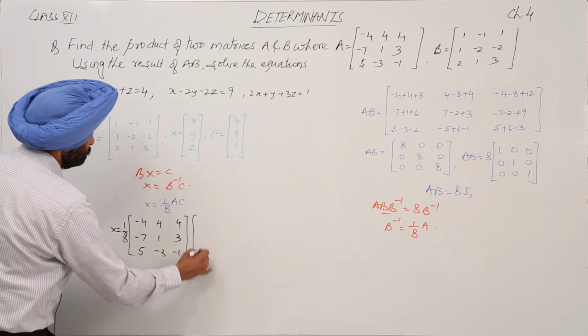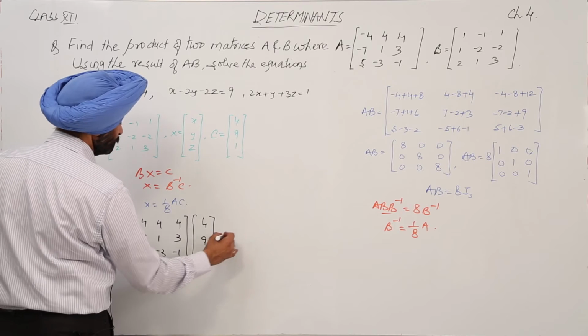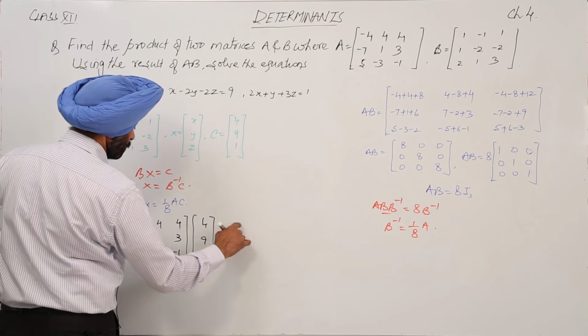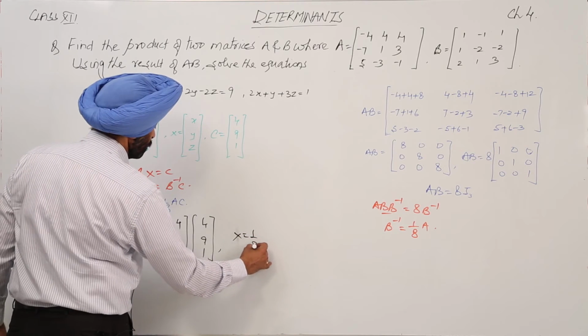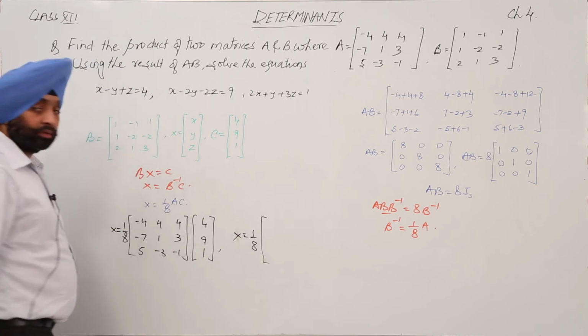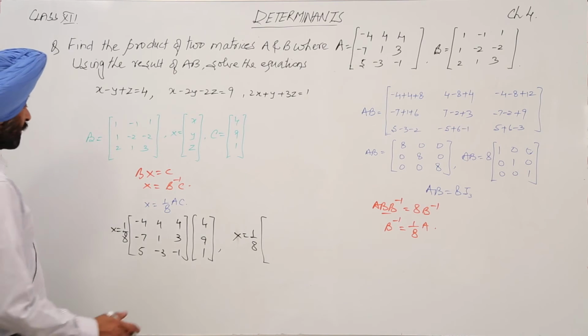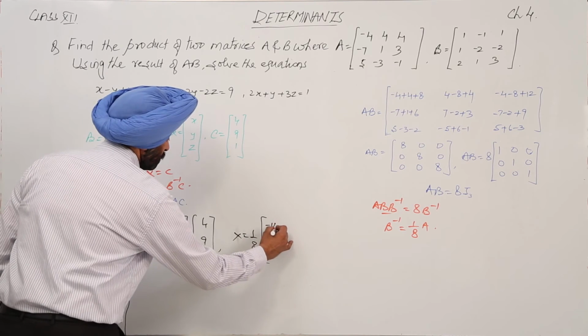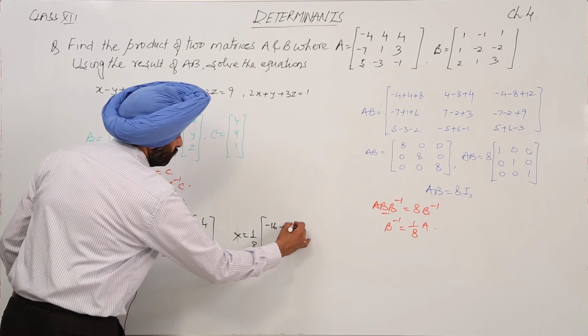With C, 4, 9, 1. Now x is equal to 1 upon 8. Now let's find the product for minus 4, 4 and 4. Now what we are getting? Minus 4 with 4, minus 16 plus 36 plus 4.